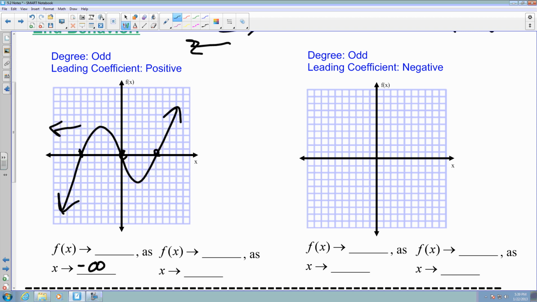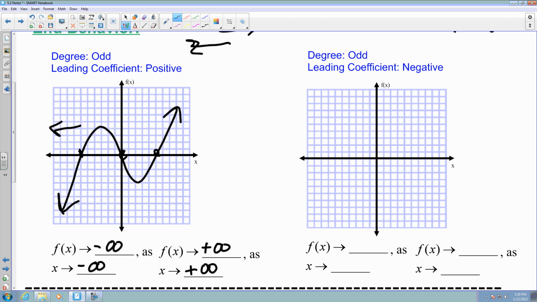So that is approaching negative infinity. Looking at x toward positive infinity, as it's going towards the right, our f of x or y is also going towards positive infinity.